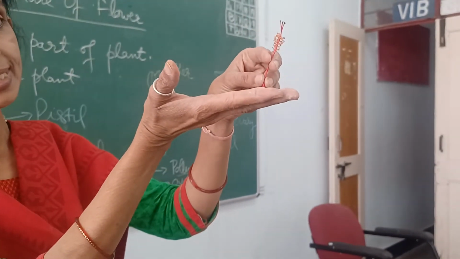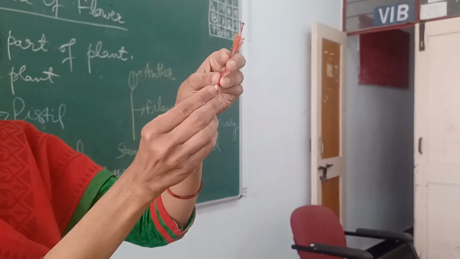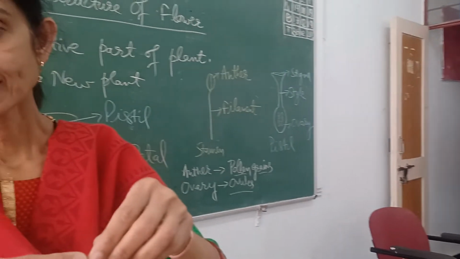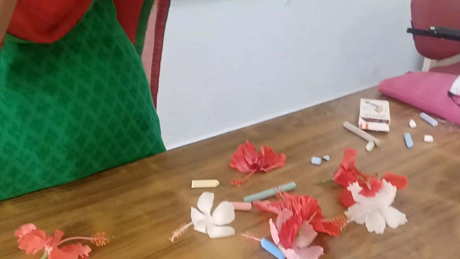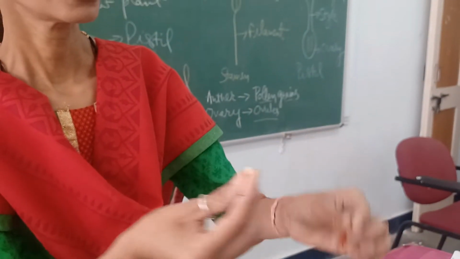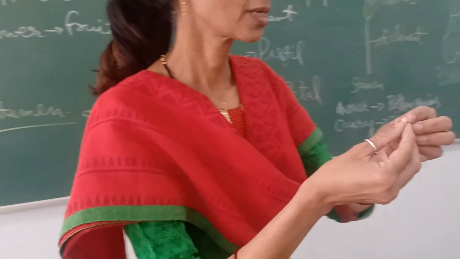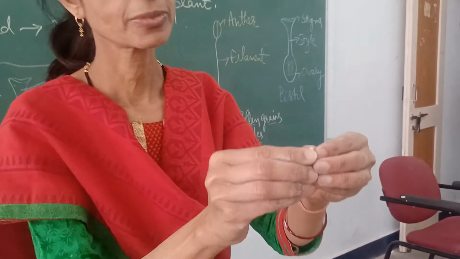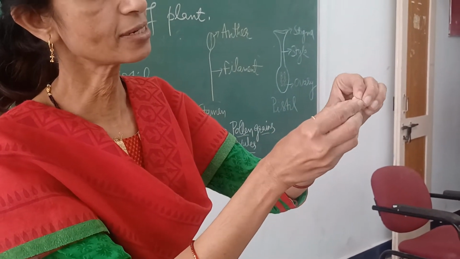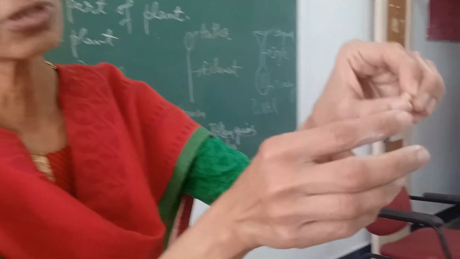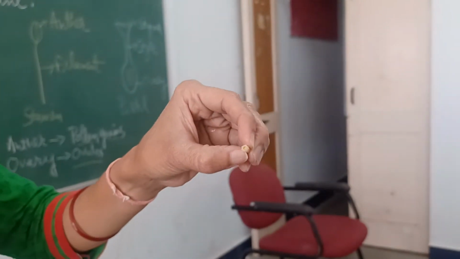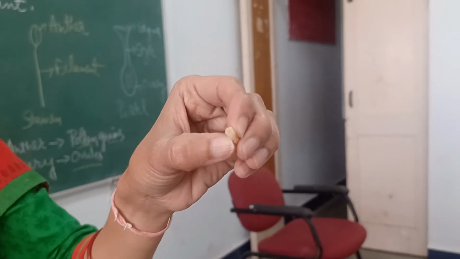If I cut this part, if we open the ovary, then we will see inside it small round cells. Those small round cells are known as ovules. Understood? So this is the structure of a flower.